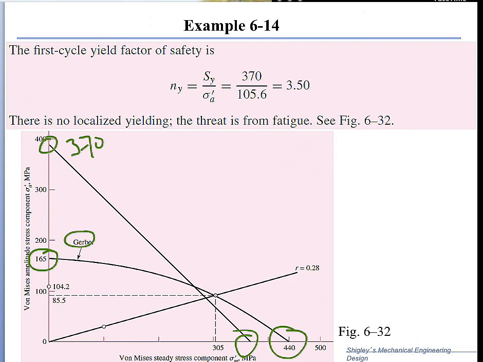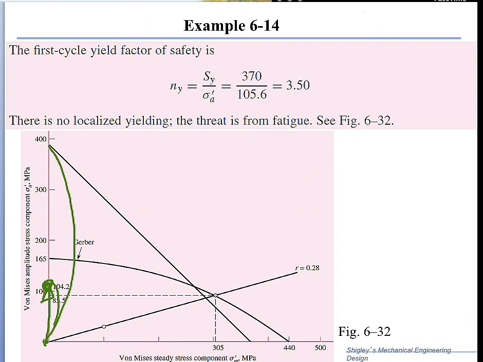And then the load line for the first part of the problem goes from the origin to the operational point, and the operational point is right here, because we have zero mean, and then we're moving in this direction. So if I want to compute, for example, the first cycle yield, it will be the ratio of all of this length divided by this length.